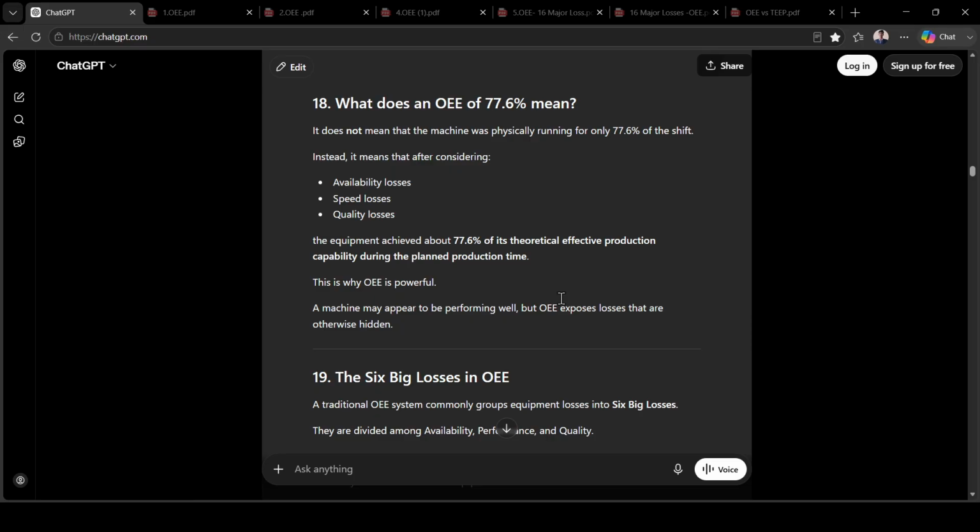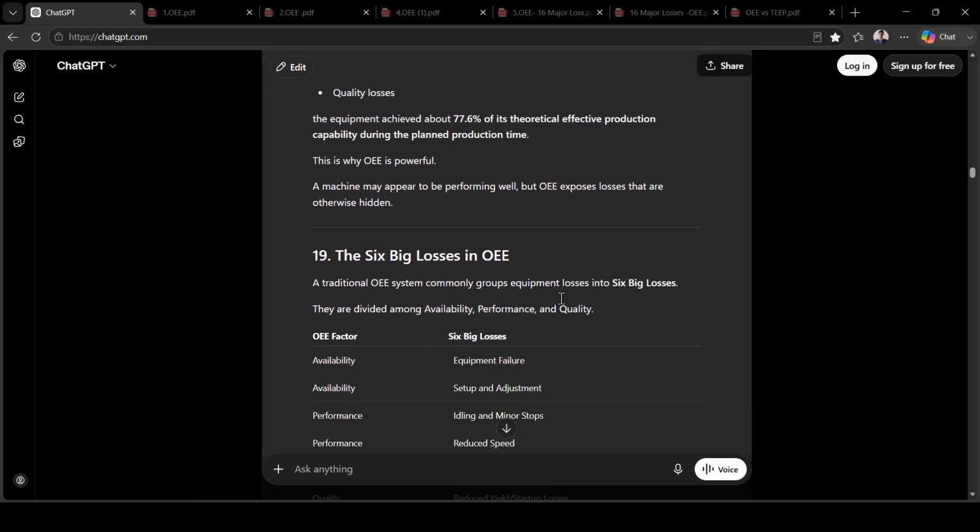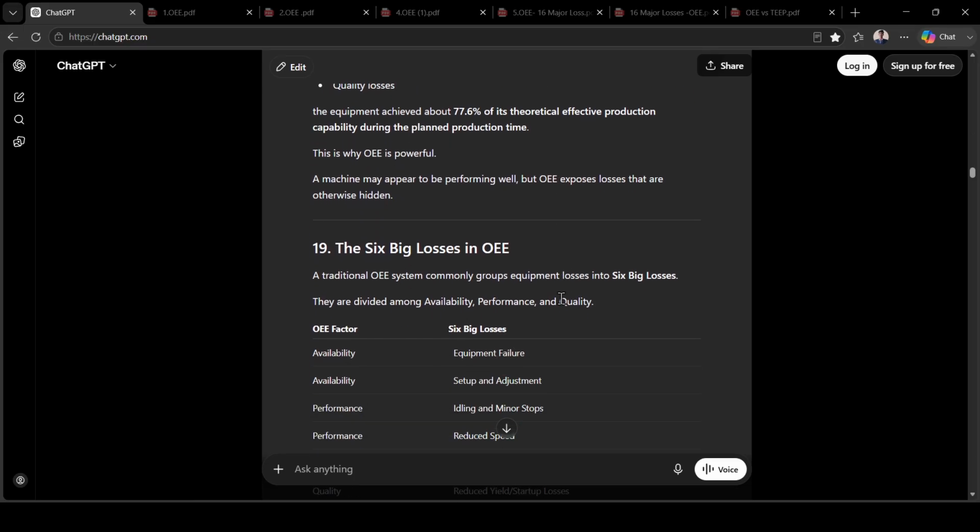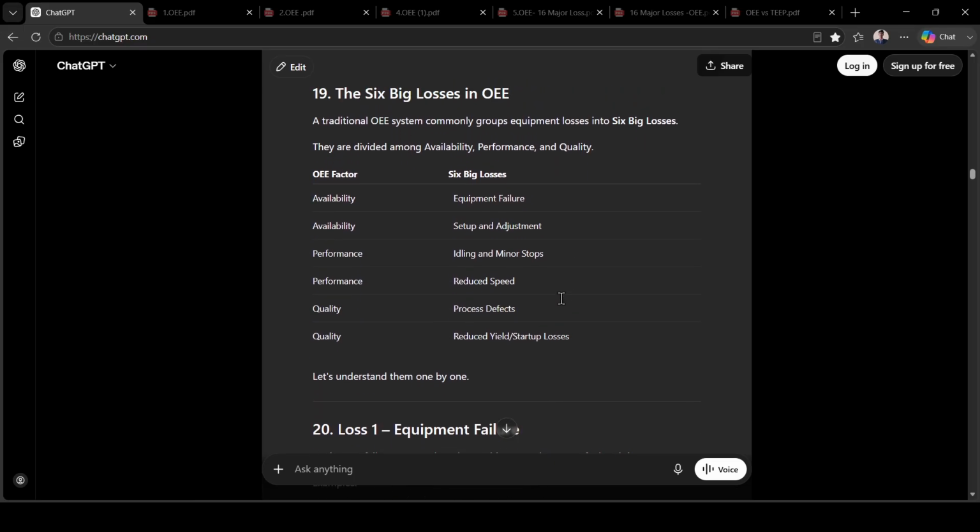The six big losses in OEE. A traditional OEE system commonly groups equipment losses into six big losses. They are divided among availability, performance, and quality.